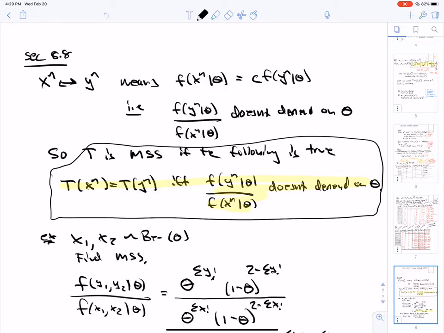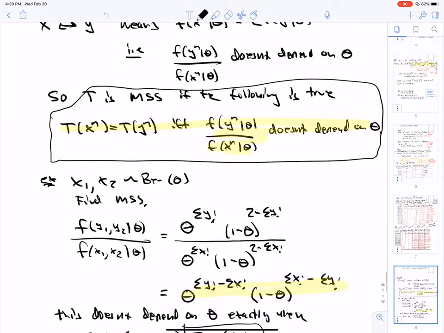So T is MSS says that equivalence under T holds if and only if you have equivalence under the likelihood partition, and equivalence under our likelihood partition means that the ratio of the two likelihoods doesn't depend on theta. So this actually is a useful characterization of minimal sufficiency for identifying a minimal sufficient statistic.